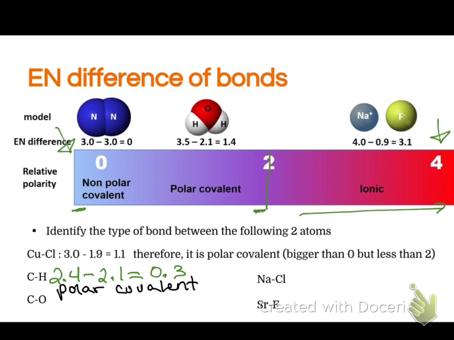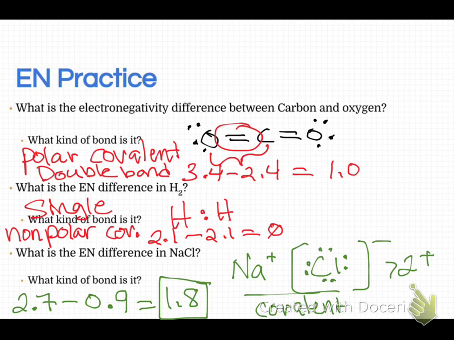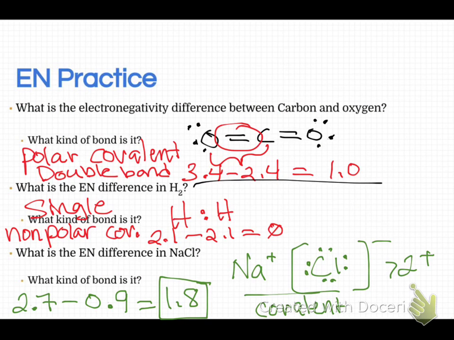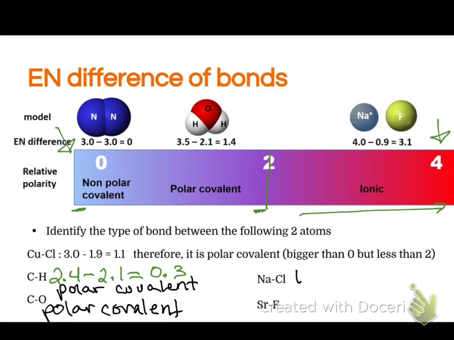Carbon and oxygen, we just did a second ago. Carbon and oxygen has a difference of 1, and so that puts it squarely into the polar covalent area, pretty much right in the middle, about right here or so. NaCl we just did, and we found that it has a difference of 1.8, so that actually puts it into the polar covalent camp as well.